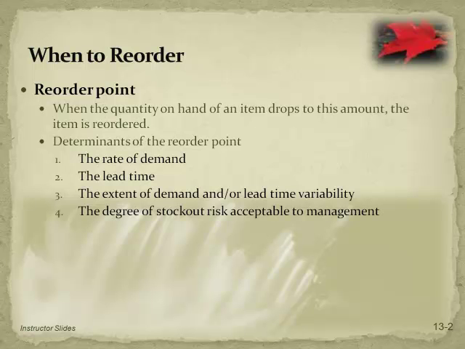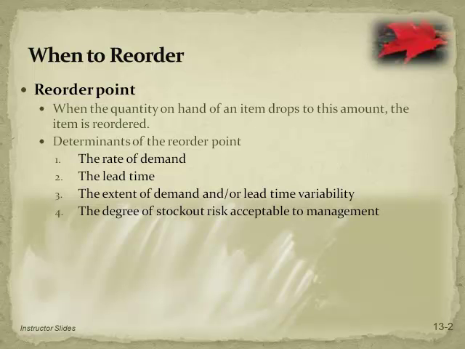So how much demand do we have? What is the rate of demand? And the lead time, how long does it take to replenish or to get in a supply? And then the third point is we know that variability always exists. So how much variability is there in the rate of demand and also in the lead time?